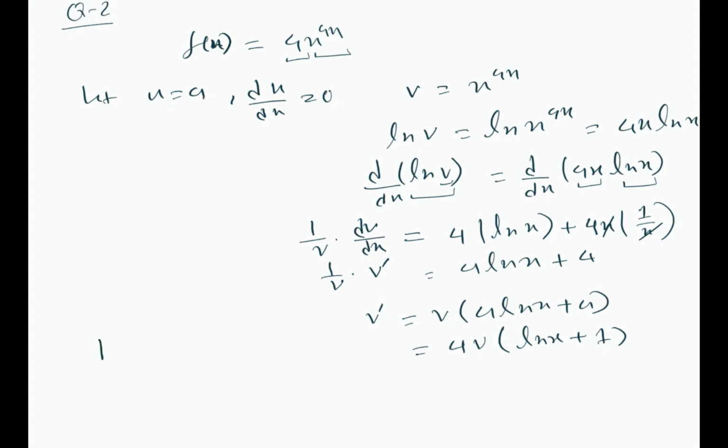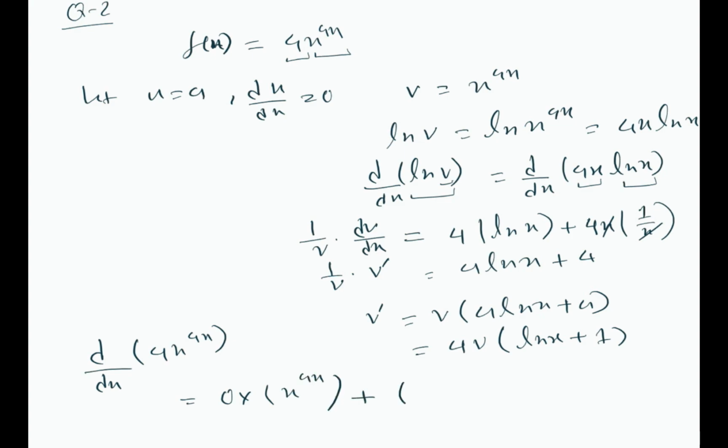Now we can take the derivative of our original function, d dx of 4x to the power 4x. Here we can apply the product rule. The derivative of 4 is 0 multiplied by b, which we don't need to write, but I'm just writing it.